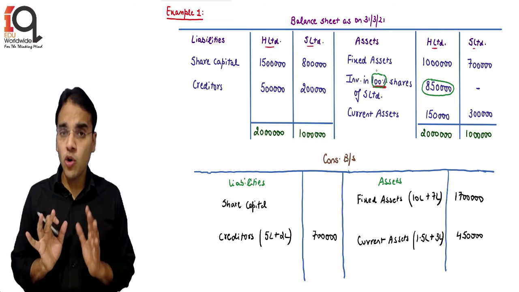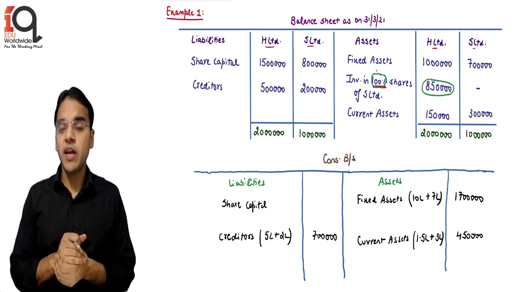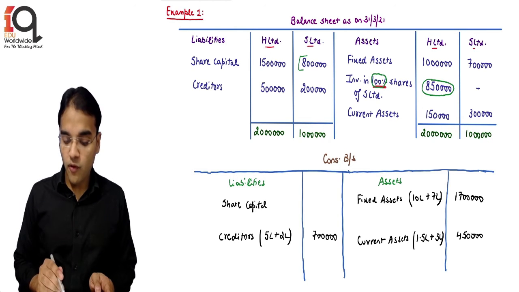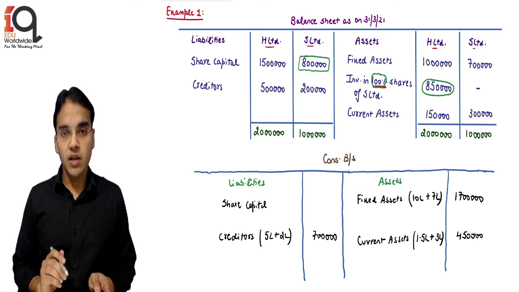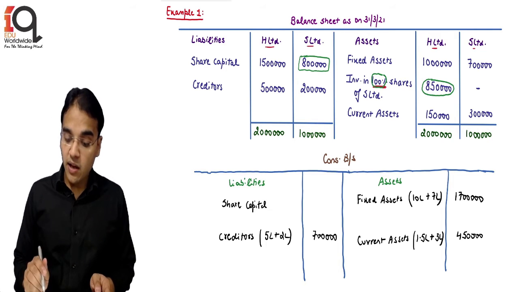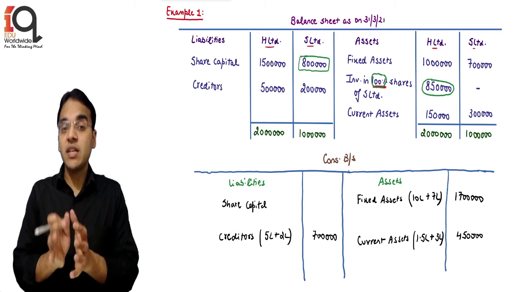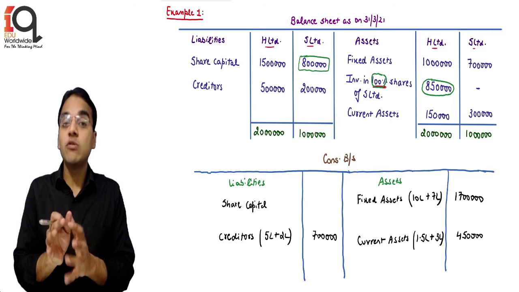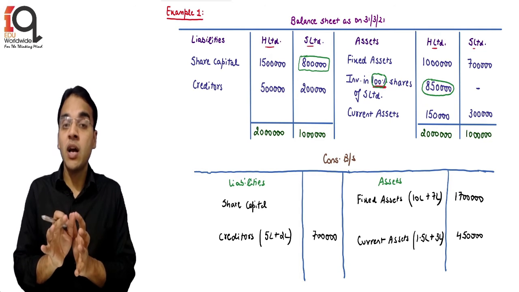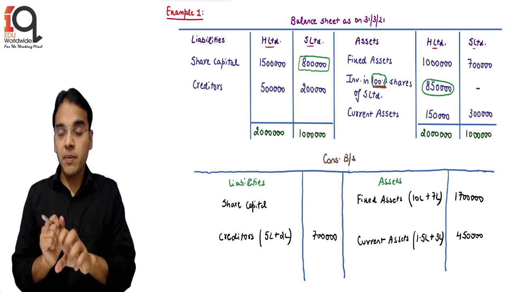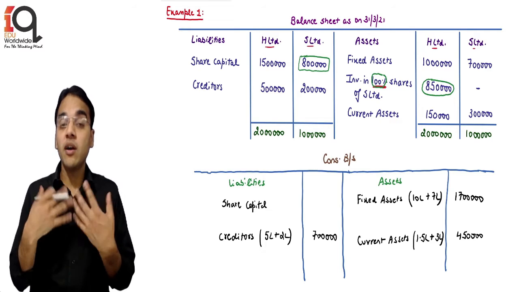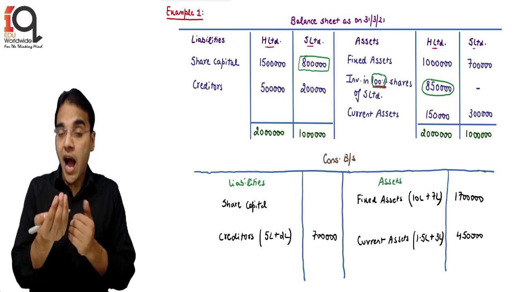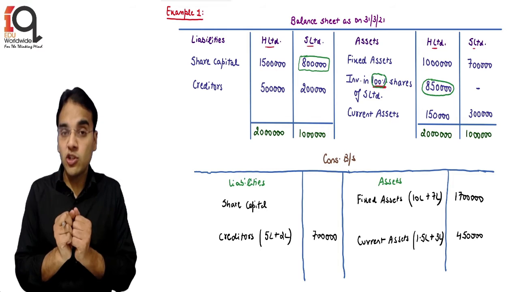The answer is absolutely no, because this investment of 8,50,000 is nothing but these shares of face value of 8 lakh. By purchasing the shares of the other company, it is just like a kind of acquisition. So 100% shares means I am owning 100% of the other company, and by making a payment of 8,50,000, I am actually getting the net assets of the other company.